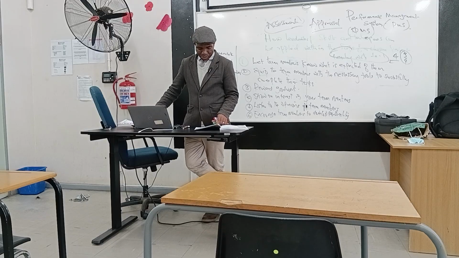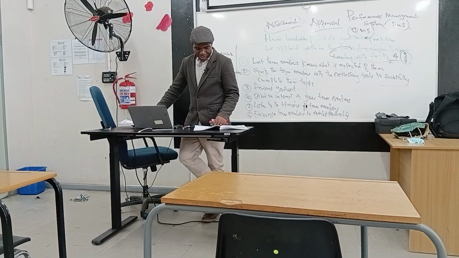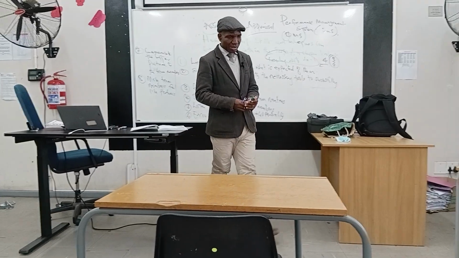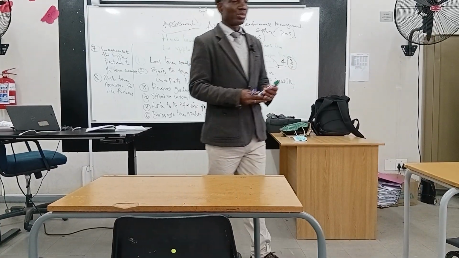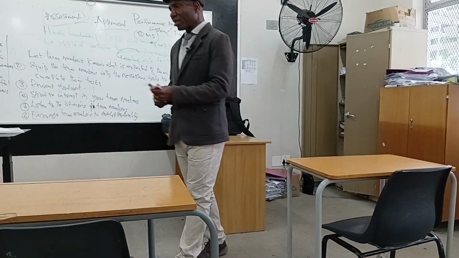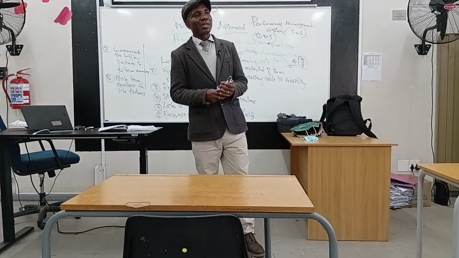Then the system to be used in appraising, that is the appraisal system. This appraisal system will lay out in detail the methods to be used in assessing the performance of your team members.